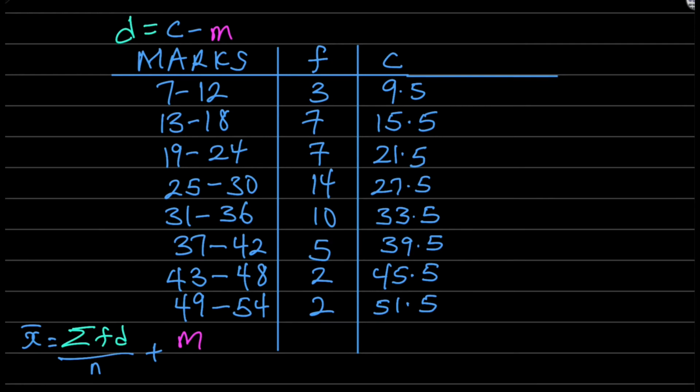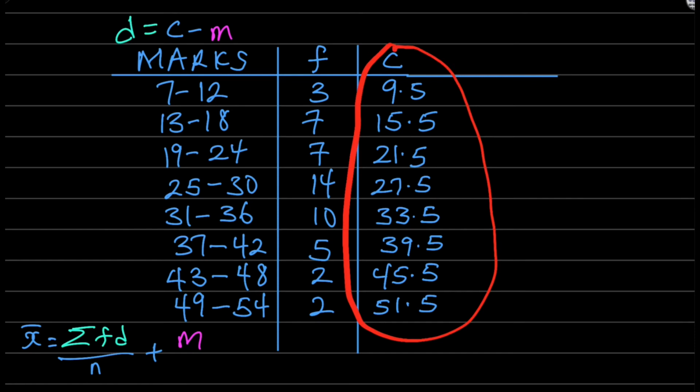So how do you get the assumed mean? To get your assumed mean, all you need to do is to pick a value in your class center column. This is our class center column. Usually we pick the value at the center.